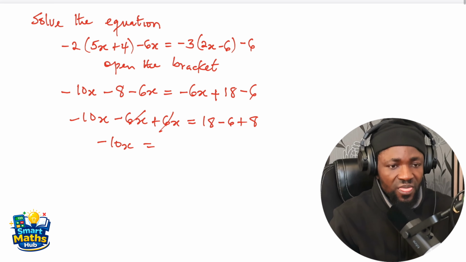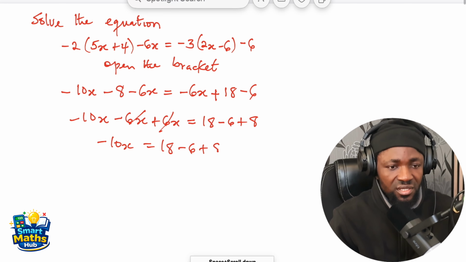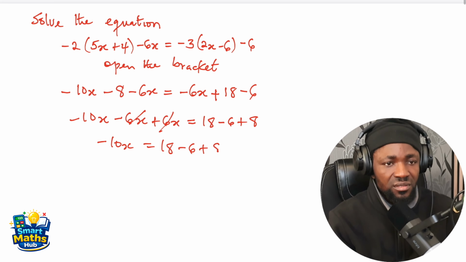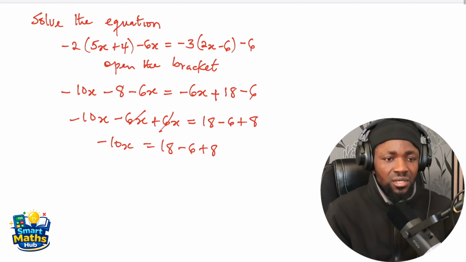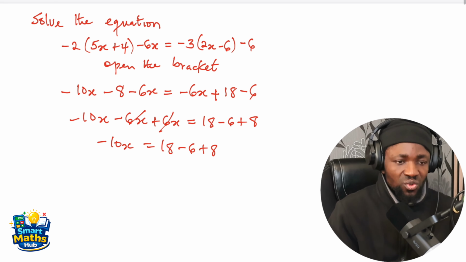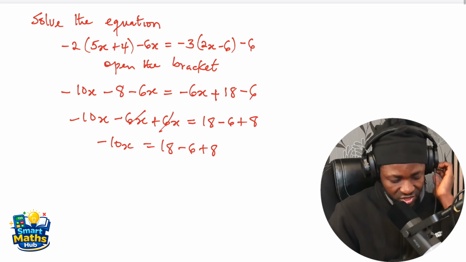Equals to, we have 18 minus 6 plus 8, right? So let's now put them together.